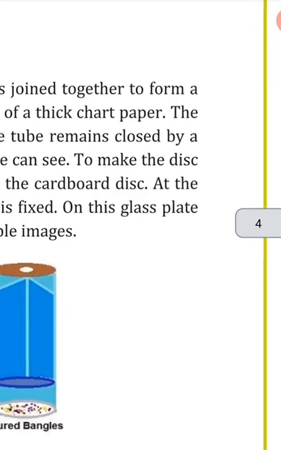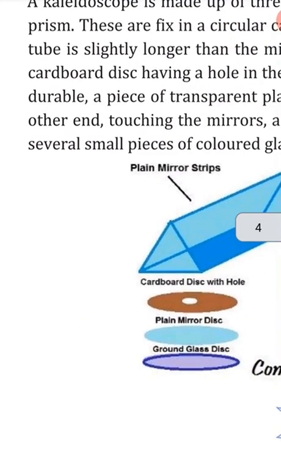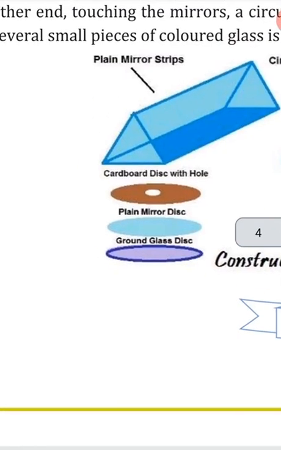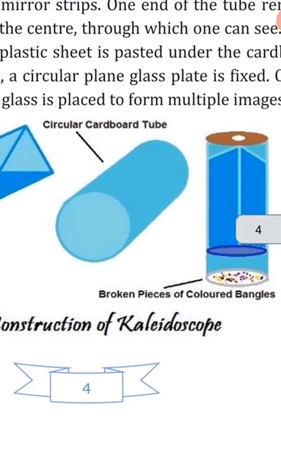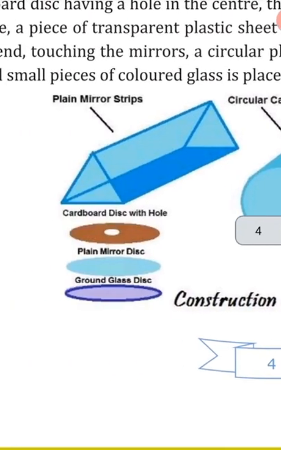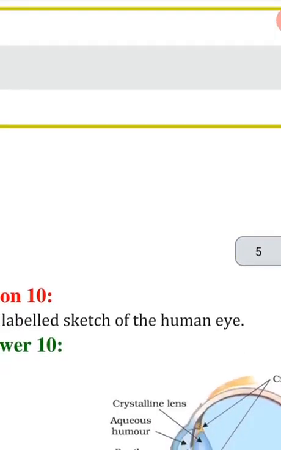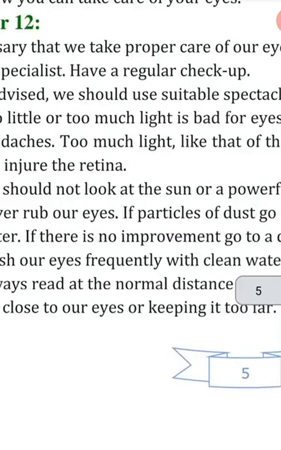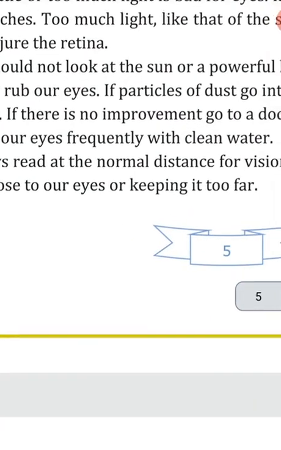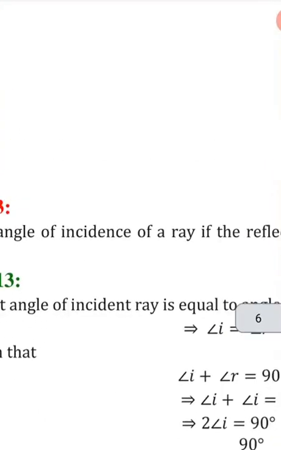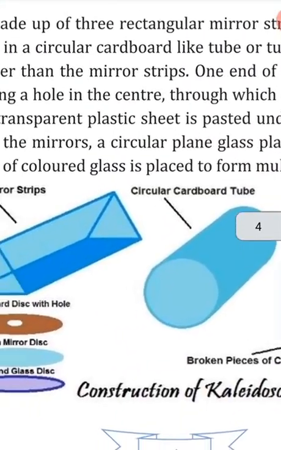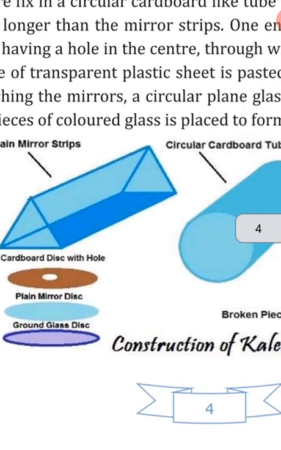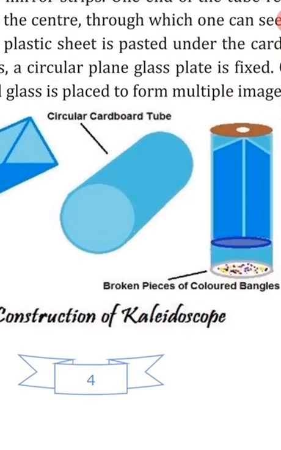On this glass plate, several small pieces of colored glass are placed to form multiple images. So this is the construction of a kaleidoscope. These are some diagrams which show the construction of a kaleidoscope.